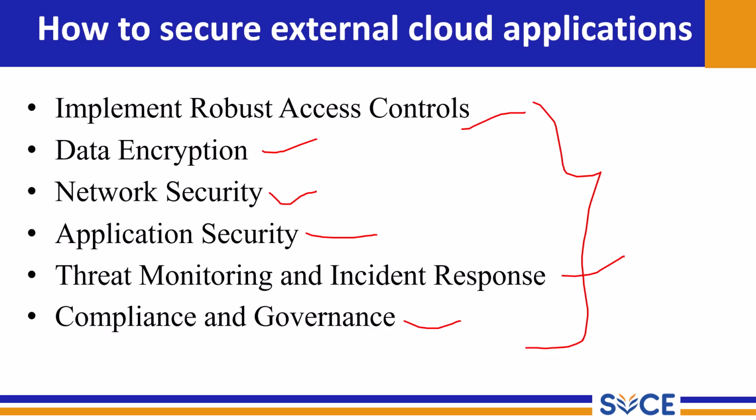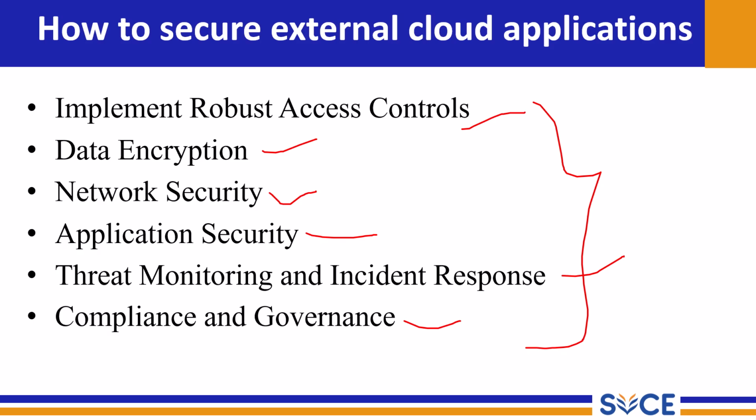Under that we have IAM, multi-factor authentication, and principle of least privilege. Okay, so what is meant by identity and access management? We use IAM to define the roles and permissions for the users and applications accessing the cloud, ensuring that only authorized entities can access sensitive data and resources.